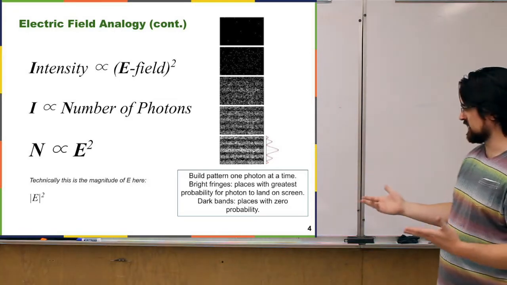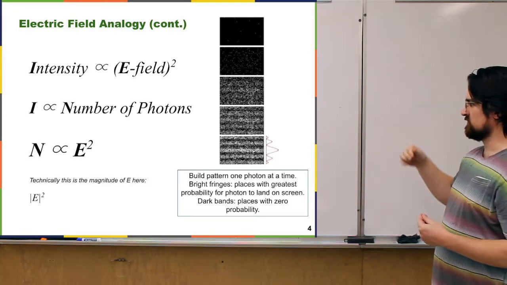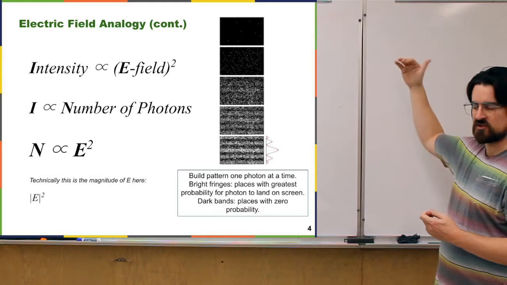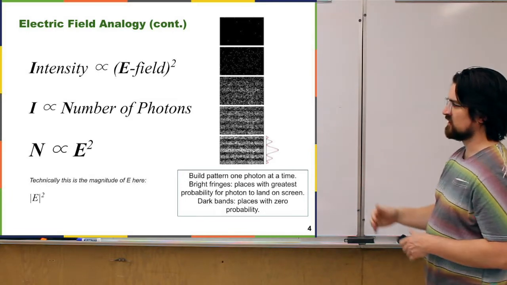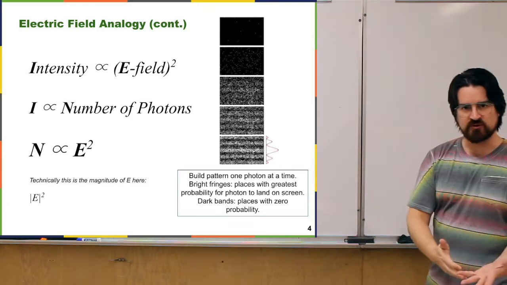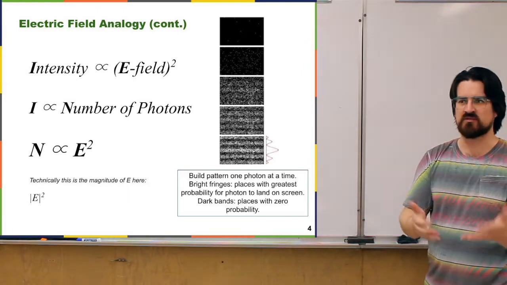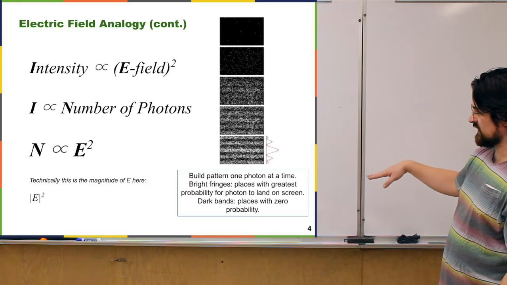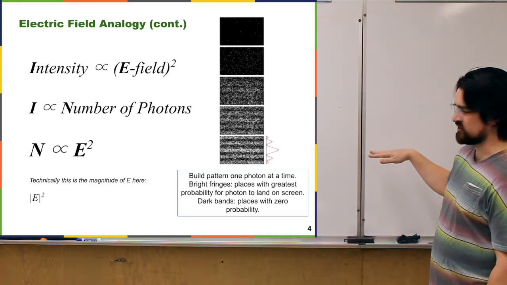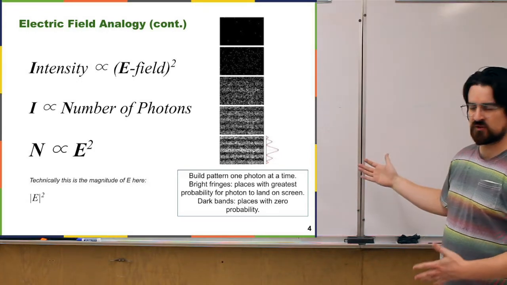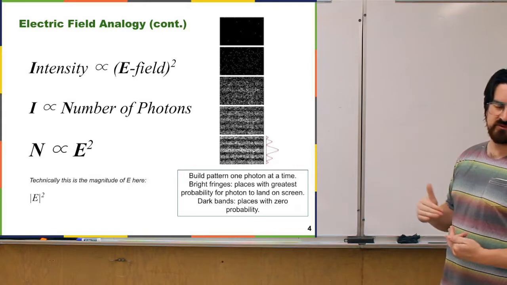The probability, then, of a photon landing somewhere on this screen goes along with the number of photons that actually land there, right? With more photons landing there, there was more likelihood that a photon would land there. So in the end, we could say that these bright fringes are essentially just places where there's the greatest probability that a photon would land on the screen.